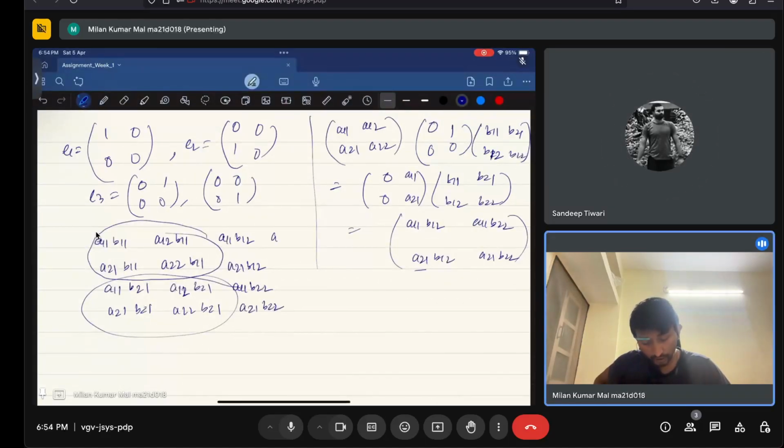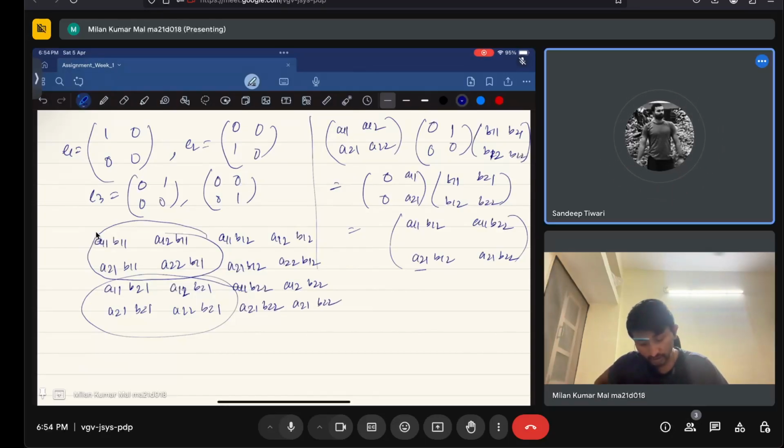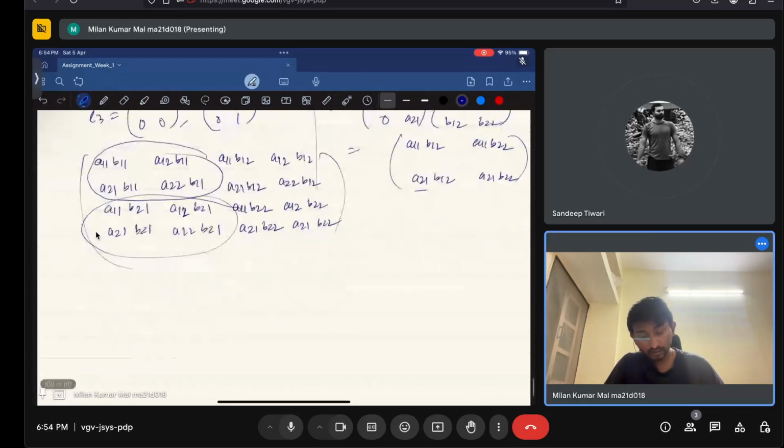Similarly, I hope you can write this way: B12 A22 B12, and here you can write A12 B22. I hope the next one will be like this; there must be some pattern. So this is the matrix, called the last one A22.